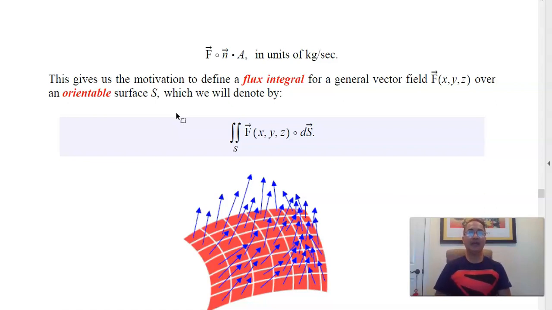So now we can conceive of the flux integral of a varying vector field across the orientable surface S. We need it to be orientable because we're taking this dot product with the unit normal vector. And whenever you integrate, everything has to be continuous. There's no guarantee that your integral will be defined or will converge if your function is not continuous.